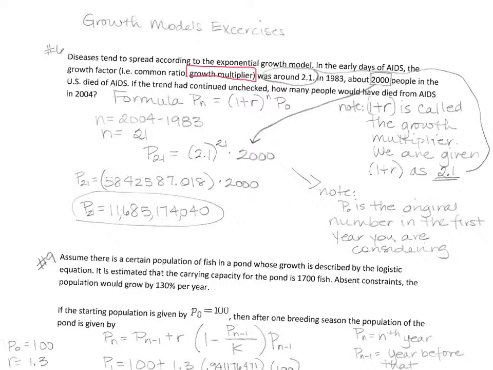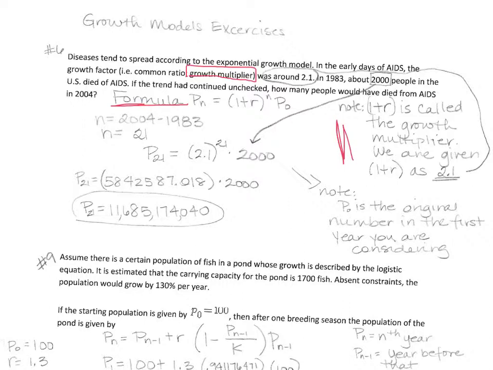So first of all, we're looking at an exponential growth model, and here is our formula for exponential growth. P sub n equals the quantity 1 plus r to the nth power times P sub 0. I have a little note over here that the 1 plus r is called the growth multiplier.